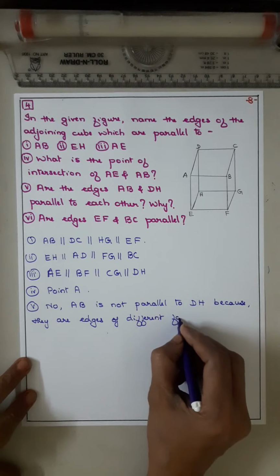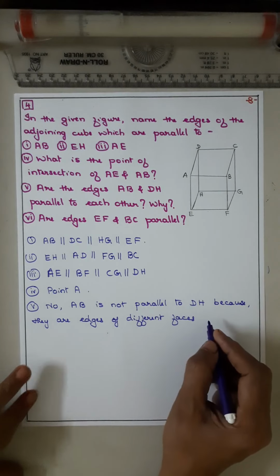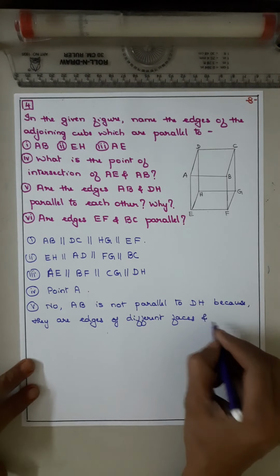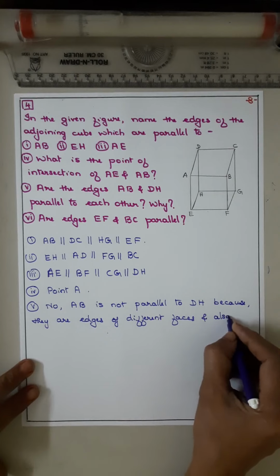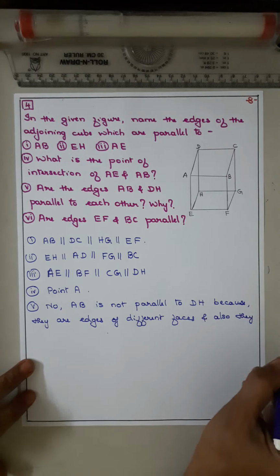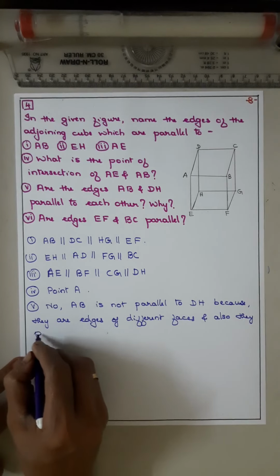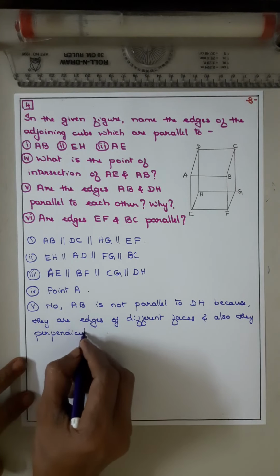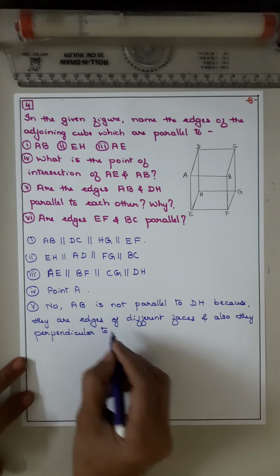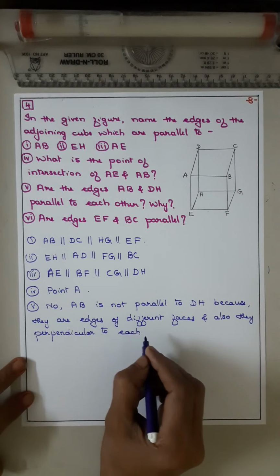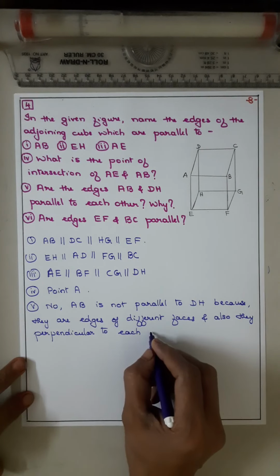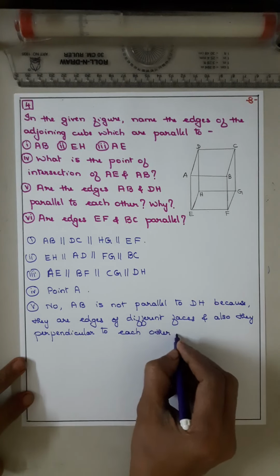In a cube the different faces are there, 6 faces are there. So they are the edges of different faces, and also they are not parallel, they are perpendicular to each other. If you see it, one is horizontal, the other is vertical. So they are perpendicular to each other.